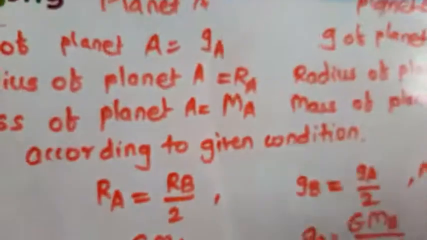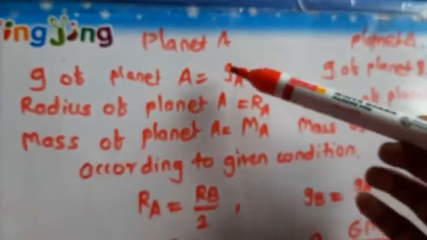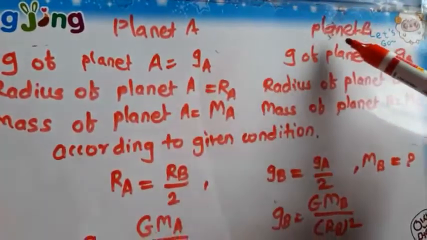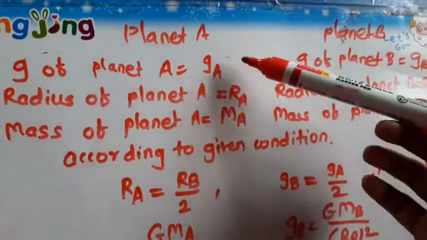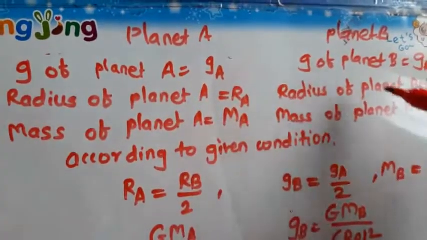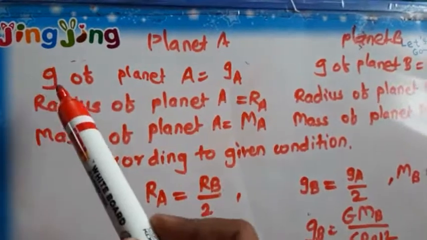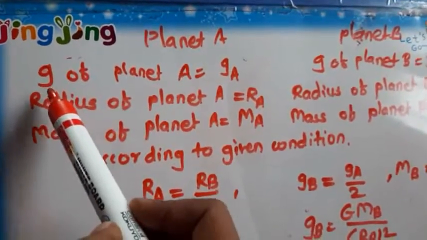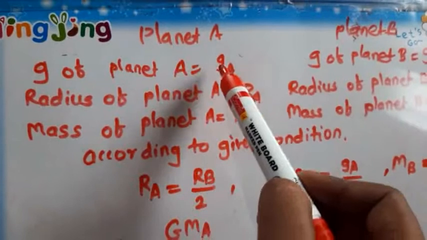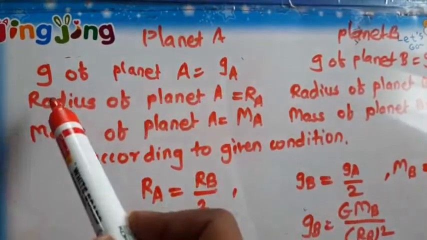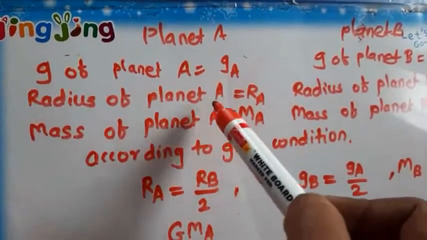So here two planets are present, planet A and planet B. Just we will assume all the values for planet A and planet B. Suppose acceleration due to gravity of planet A is GA. Radius of planet A is RA.